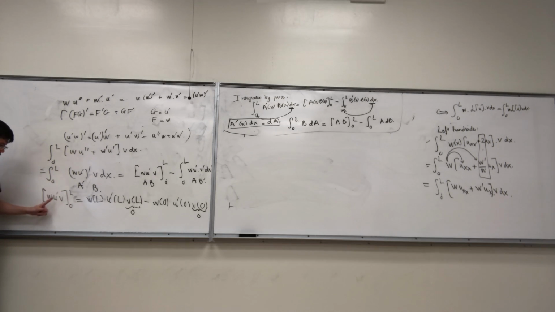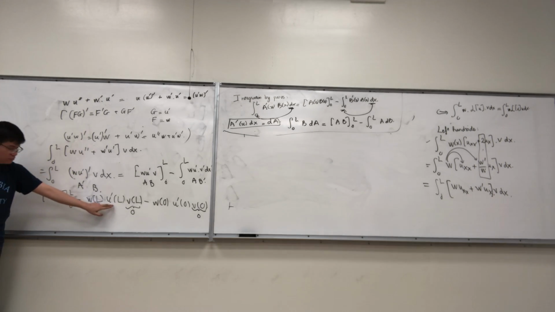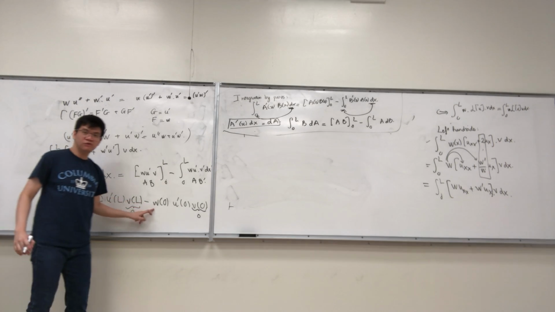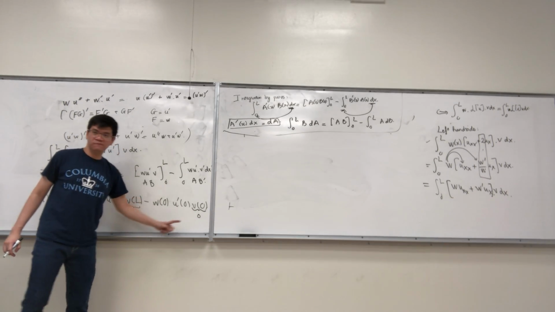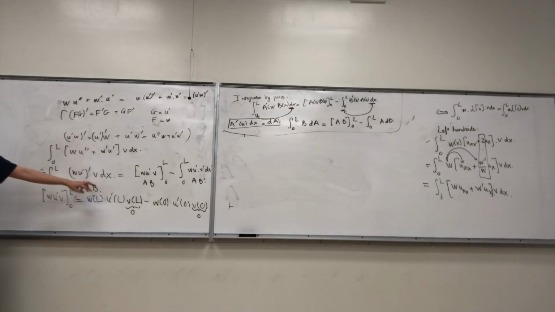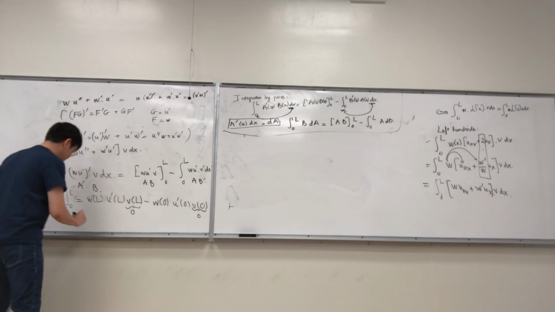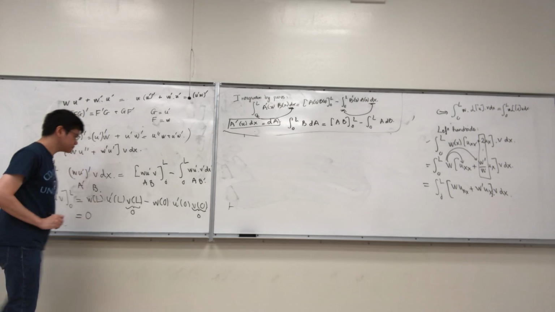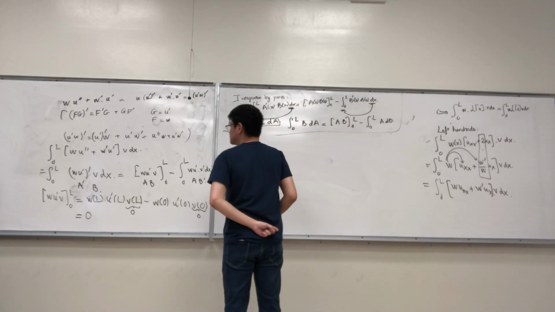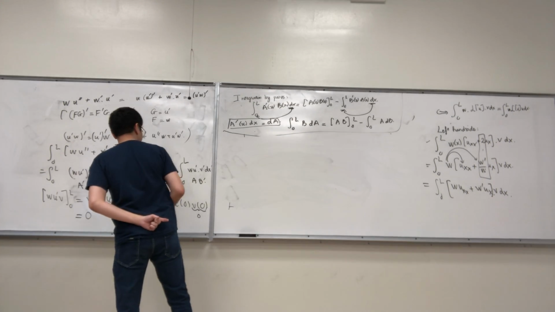I take the difference. But from the beginning, we have W(L) is 0 and V(L) is 0, so basically this one is 0. So at the end, I can remove this guy.